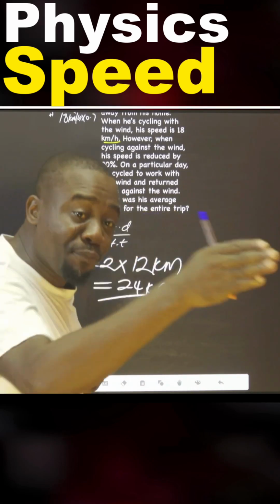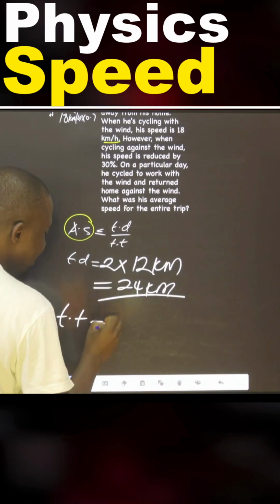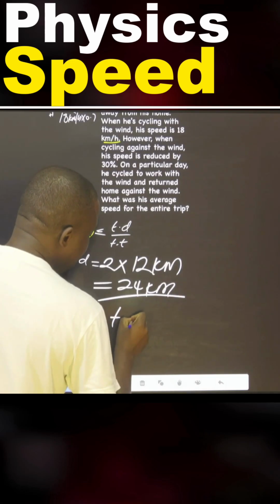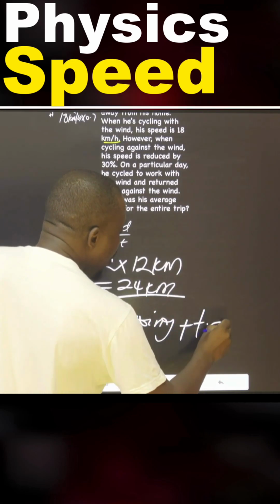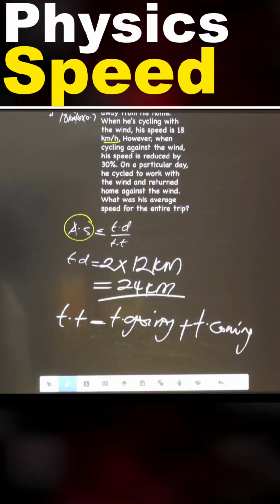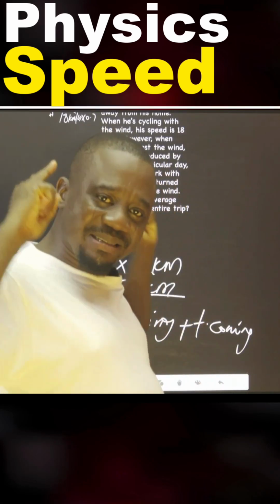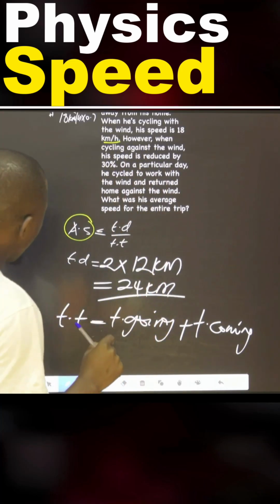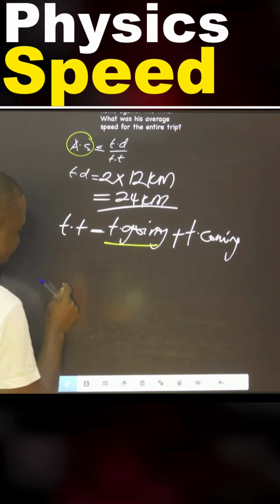Next is total time. Total time is the time to go plus the time we use to return. Total time is time going plus time coming. Okay, what is the time going? To get the time going, we use the speed going and the distance. You agree with me?